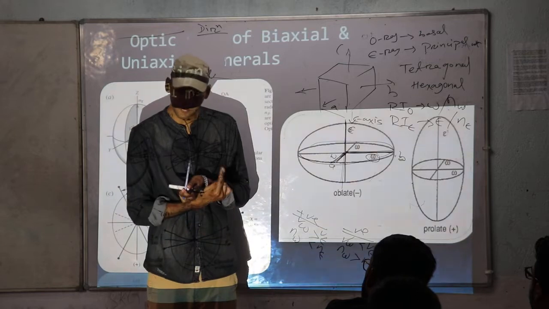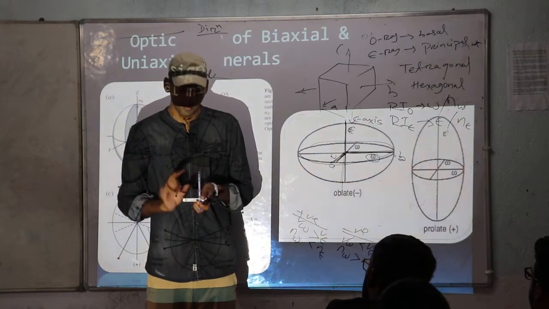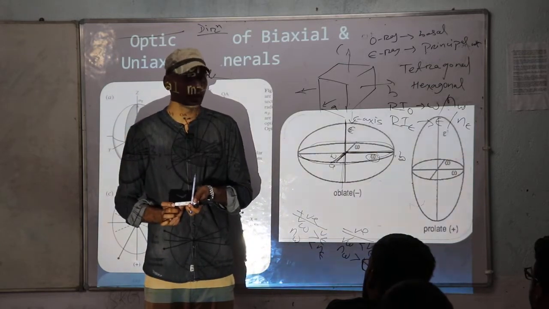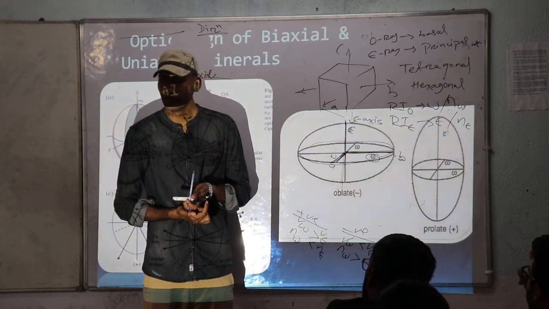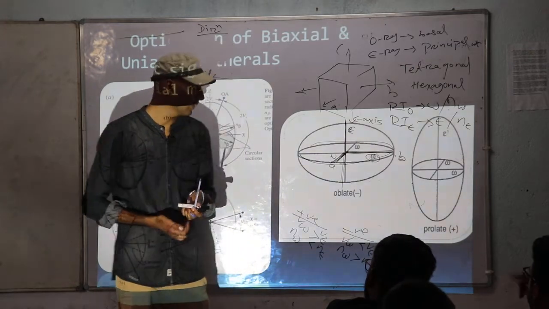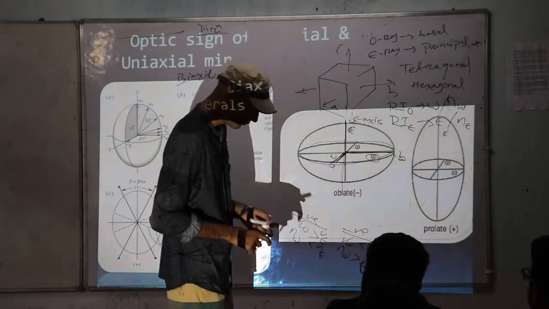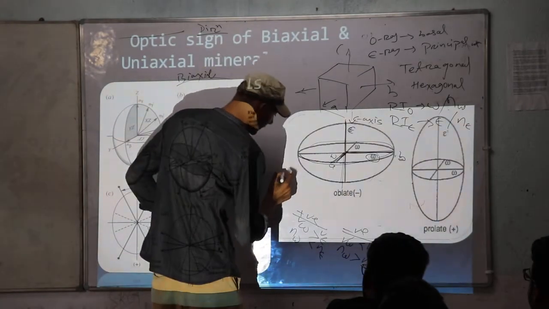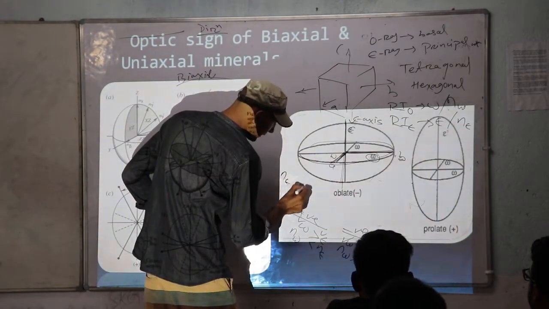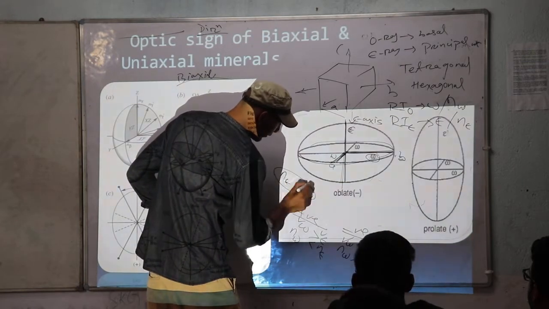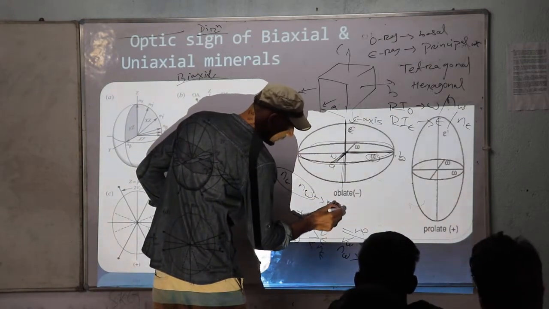So if I connect this epsilon and omega, what will be the resultant figure? That will be an ellipse. So if I join n epsilon and n omega, they will give you an elliptical section.